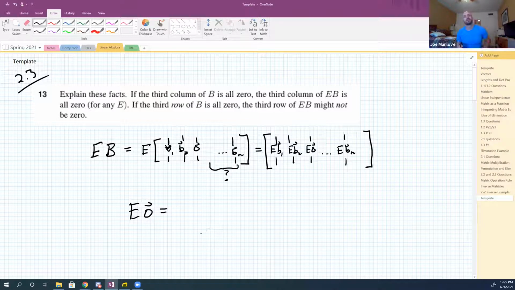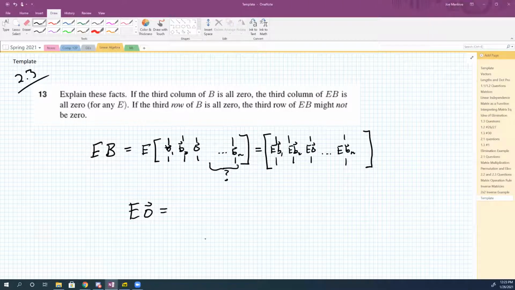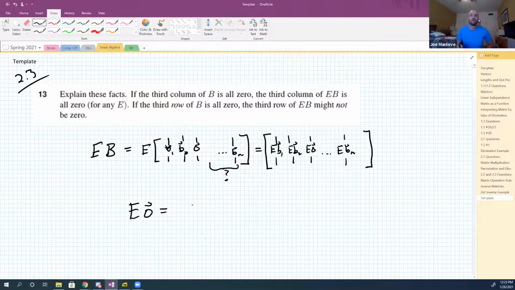So what do you want to do, column picture or row picture? Column. Okay, cool.